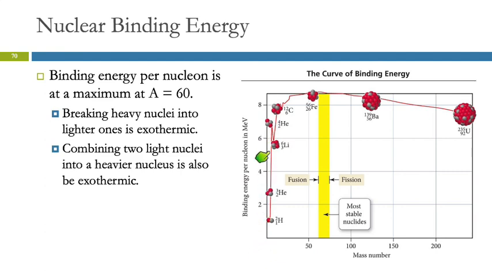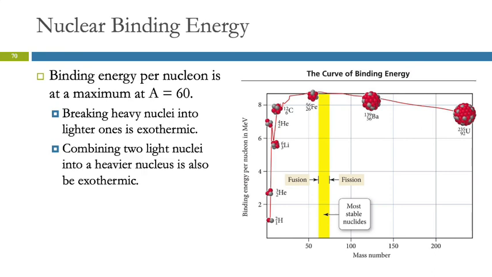And so we see that these small guys are less stable, and the stability increases here, and then it slowly falls off. So this is the most stable region right here. And things on this side fix their instability by undergoing fission, by splitting. And on this side, they fix their instability by undergoing fusion, which we'll talk about.